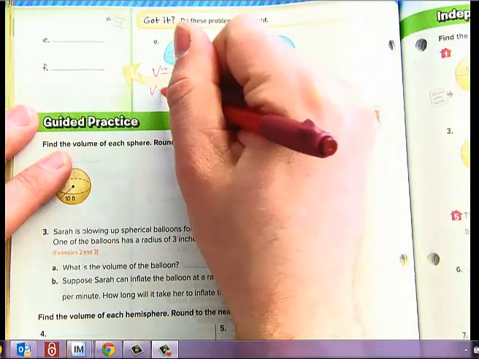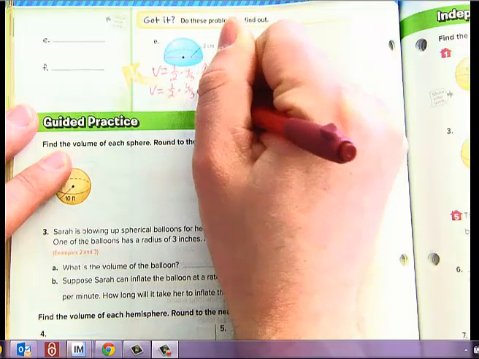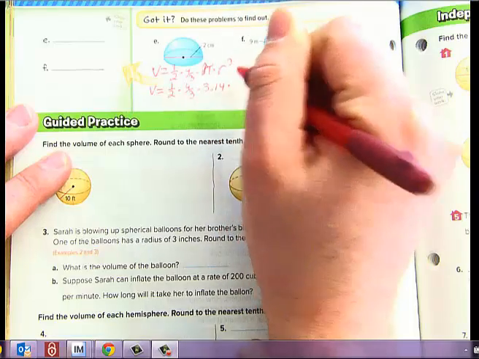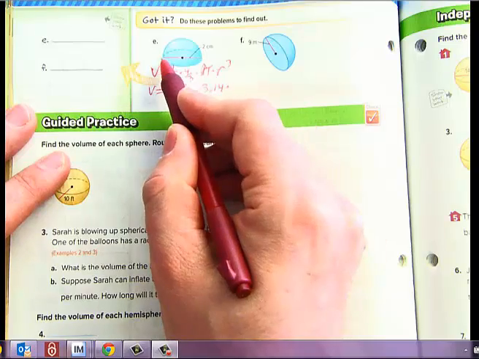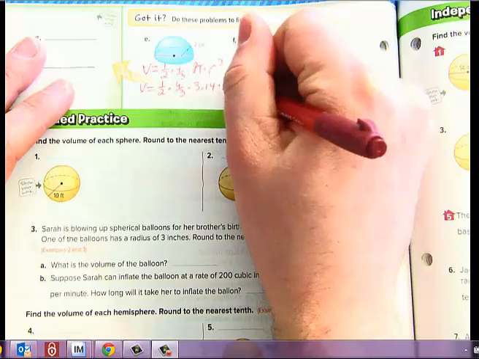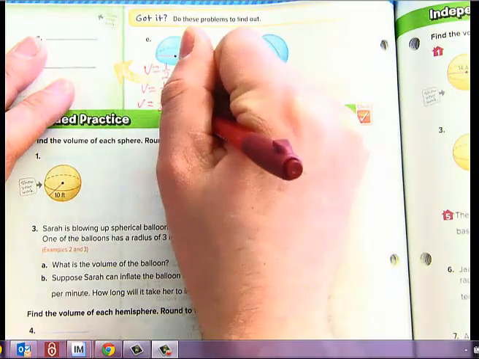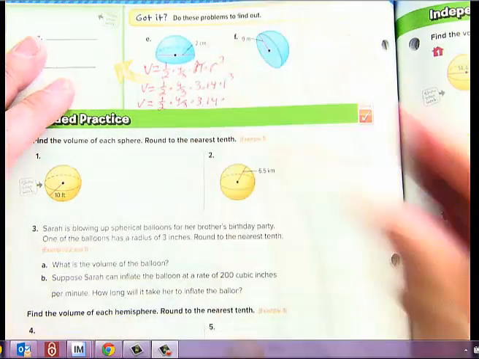V equals 1/2 times 4/3 times 3.14 times, now my radius to the third power, this gave me a diameter. You have to pay close attention to that. So I got to cut 2 in half, which is 1 to the third power. So I have volume equals 1/2 times 4/3 times 3.14 times, what's 1 to the third power? Well, 1 times 1 times 1 is simply 1.